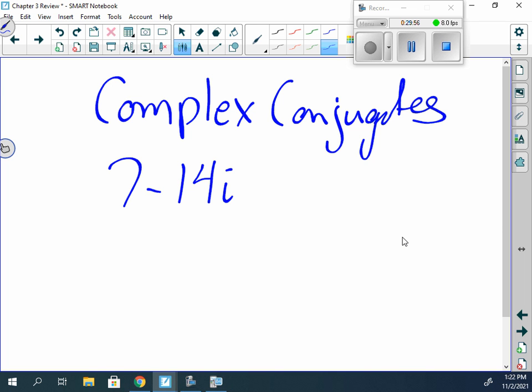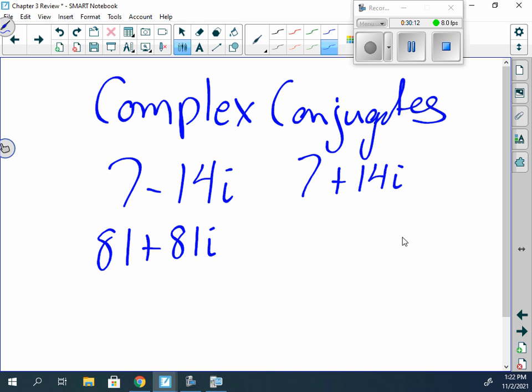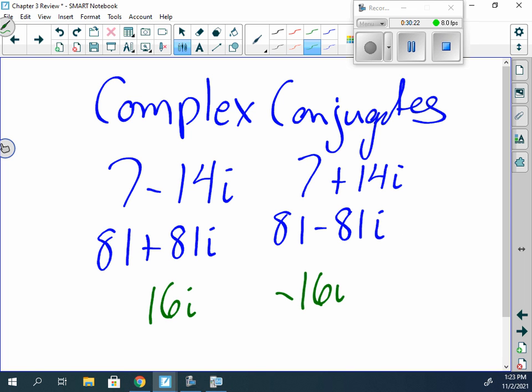Do y'all remember what the complex conjugate of 7 minus 14i is? So you just flip it. 16i? It'd be negative 16i. And that's it.